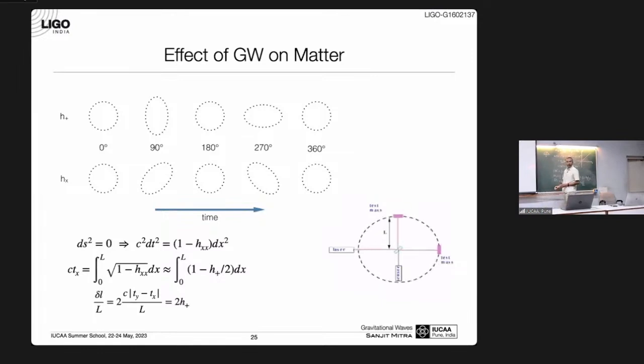You can call this quantity delta L. I'm writing this because this is the usual way of writing a strain signal in elasticity, for example. So then what you get is delta L by L, that is c delta x by L. If you multiply by c, c cancels out, and this L will be divided. So this becomes h.